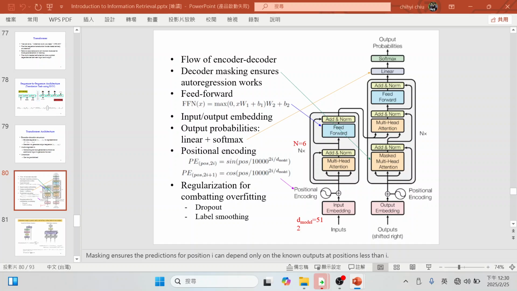But how about the decoder? In the decoder, they work in a different way. Remember, they should be processed in an autoregressive way, right? Sorry, I forgot something.